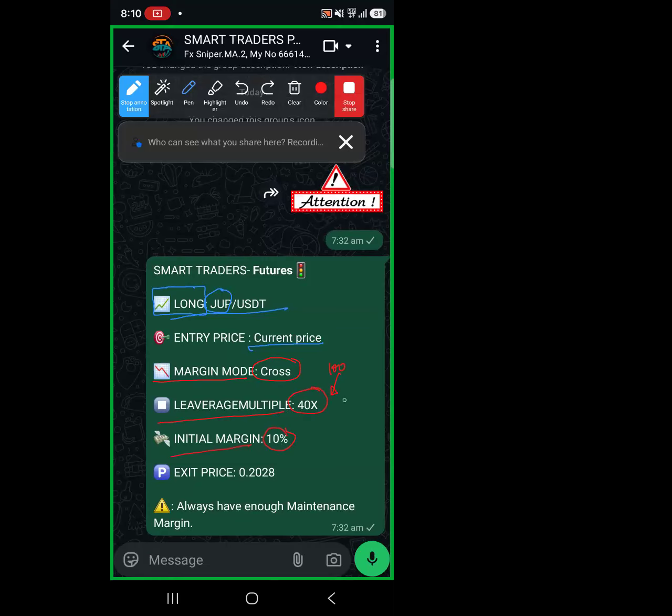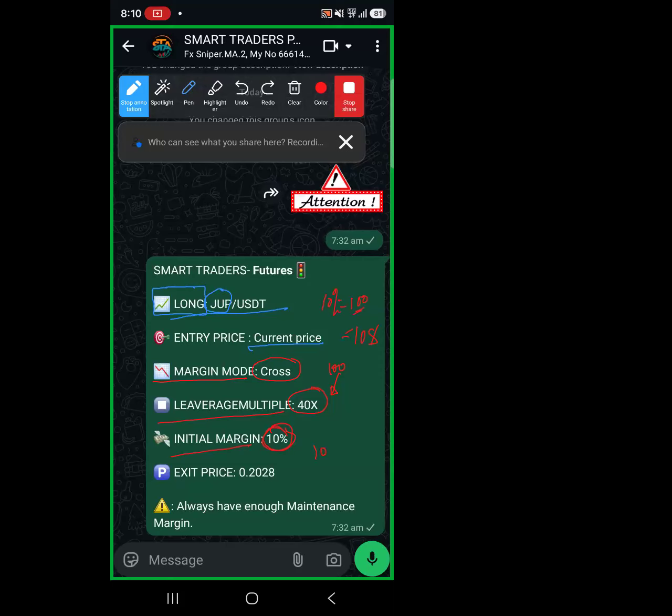So if you had $100 and you're going for 40x, what you're implying is that you're going to choose a leverage multiple, and you're only going to pick an initial margin of 10%. So 10% of your $100 would be equivalent to $10. That is what you're going to pick from your exchange.